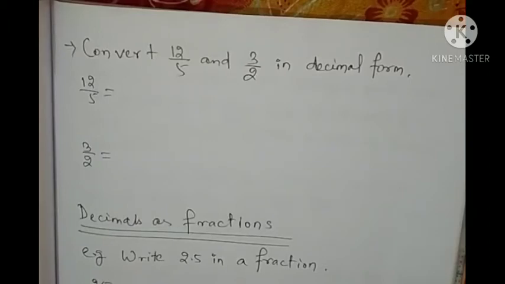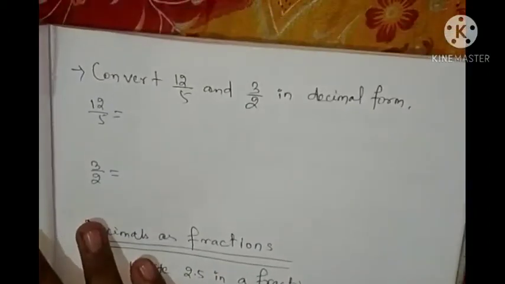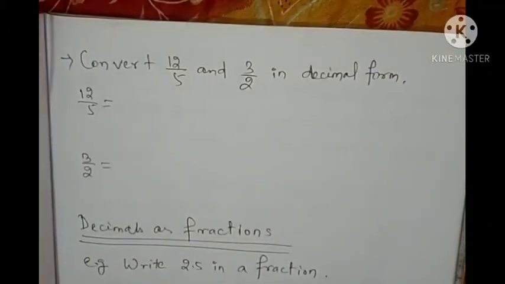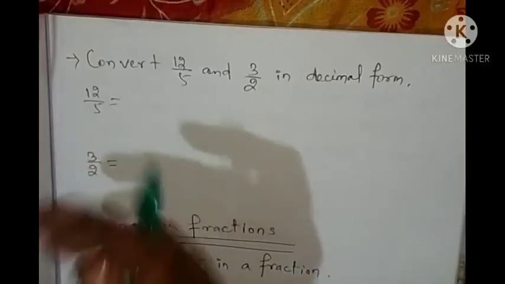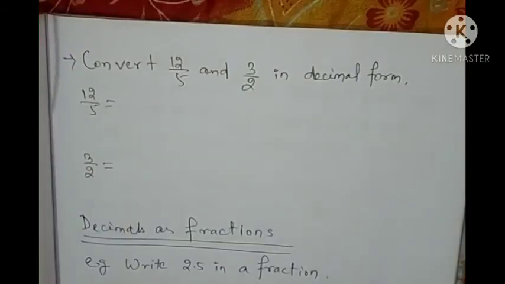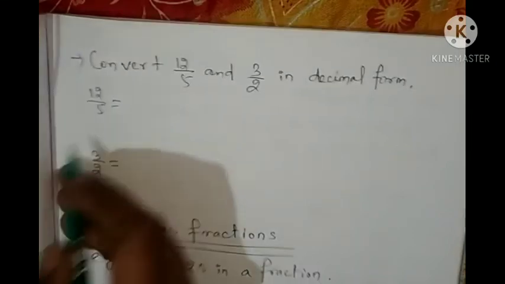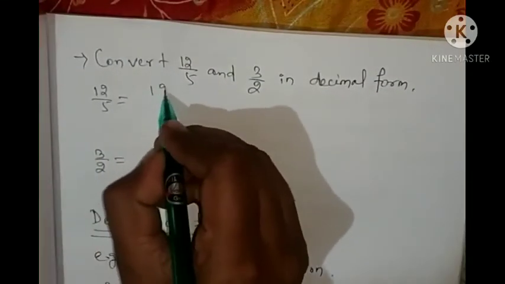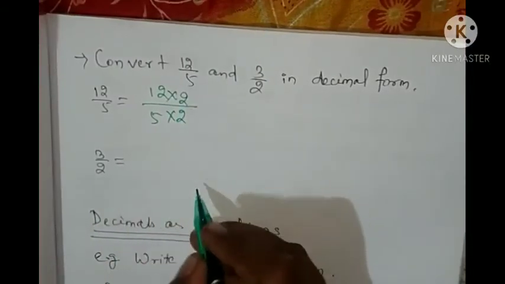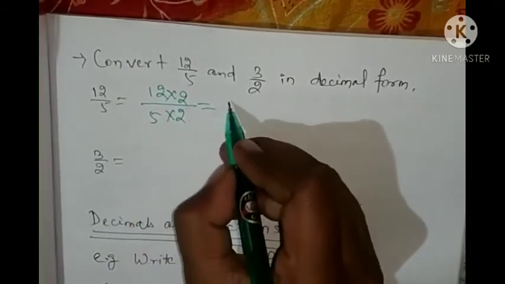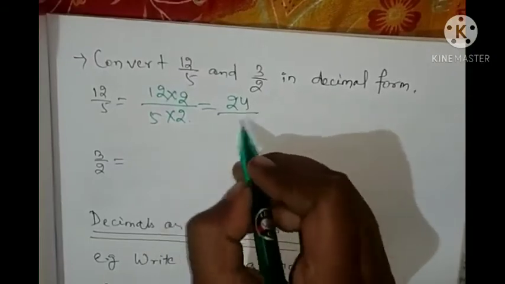Next you see some examples. Convert 12 by 5 and 3 by 2 in decimal form. So look here, 12 by 5. You see the denominator is not 10. So you convert it into an equivalent fraction with denominator 10. So 12 into 2, 5 into 2. 5 twos are 10. 12 twos are 24 by 10.